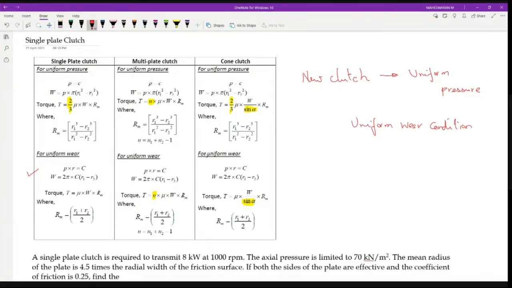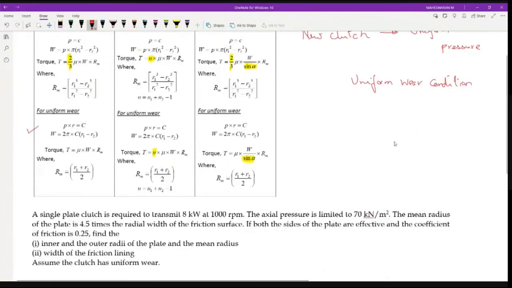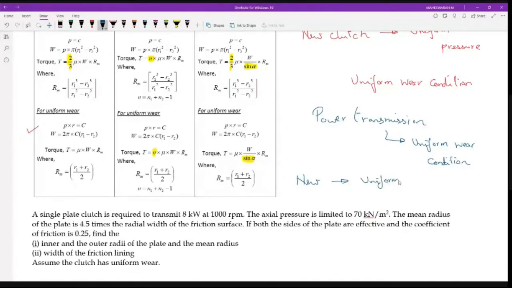Whenever you have a problem with power transmission, and most clutches have power transmission, you always use the uniform wear condition. Whenever you have the word new clutch, then you use the uniform pressure condition.